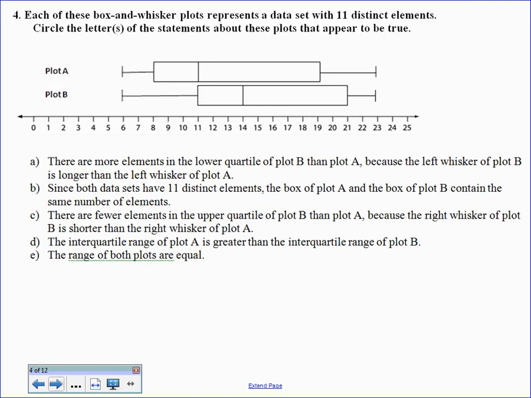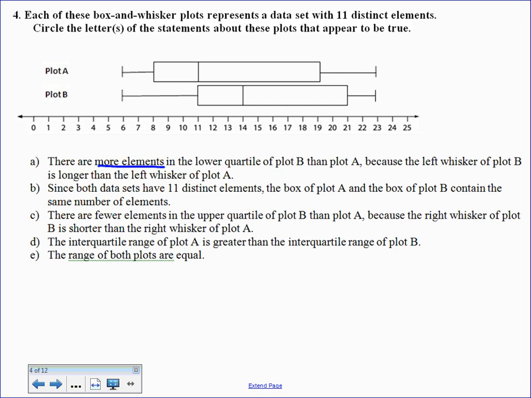All right, each of the box and whisker plots represents a data set with 11 distinct elements. Circle the letter of these statements about these plots that appears to be true. All right, so for A, it says there are more elements in the lower quartile of plot B than in plot A because the left whisker of plot B is longer than the left whisker of plot A. All right, first of all, this cannot be true because it says the number of elements.